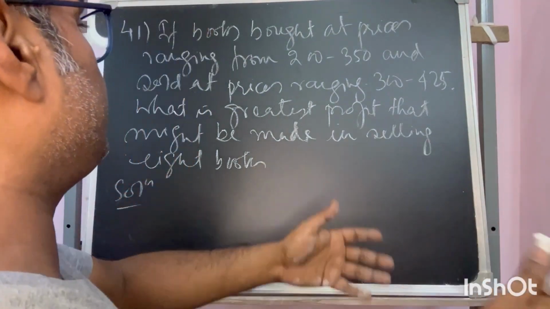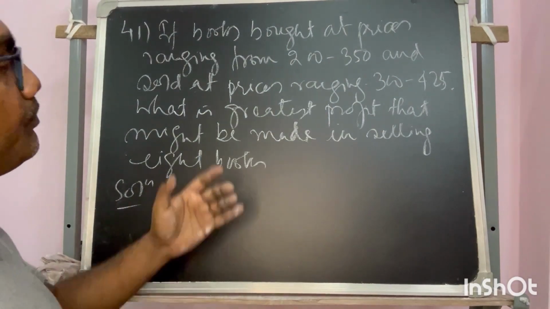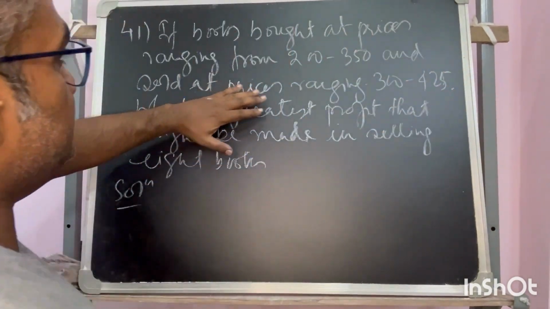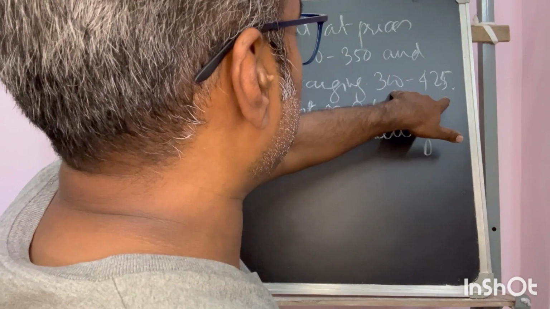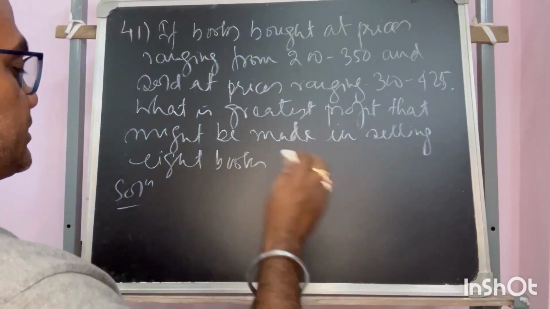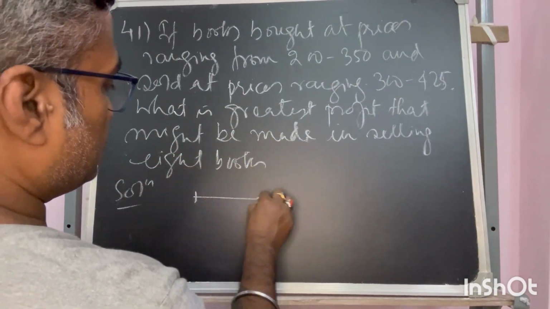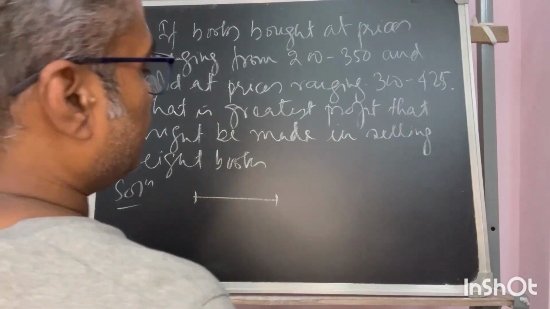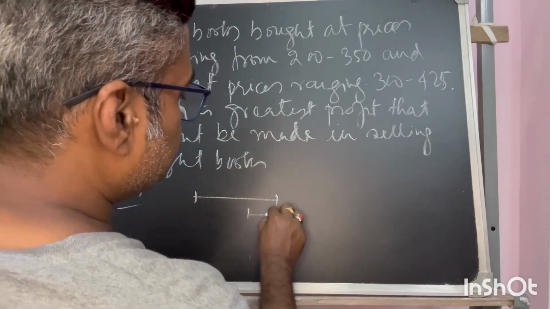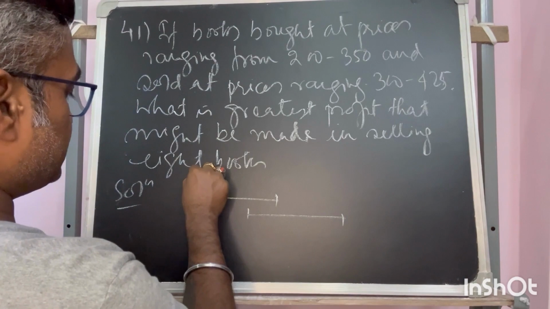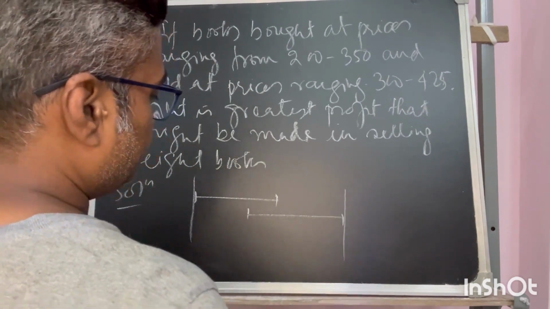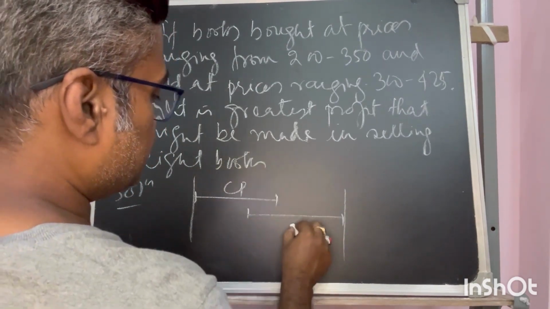I am not saying every time it will be the same profit on every book, but at least some profit. So if purchasing is ranging from this to this and selling is this to this, the maximum means I am talking about the cost price and I am talking about the selling price. So this is the cost price range, this is the selling price range.